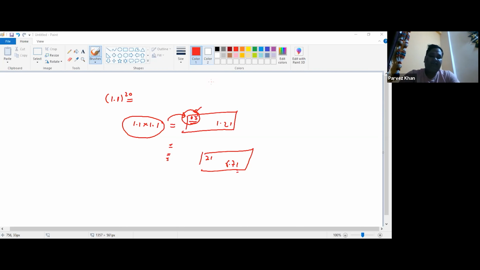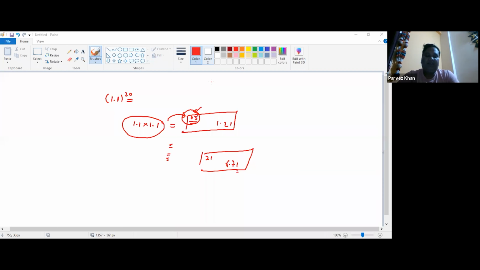Sir, 1.1 to the power of 20, please explain again. In this shortcut method? 1.1 to the power 20. Should the result be calculated in the shortcut method during the examination? This is also a shortcut. You can use it. It won't take much time.